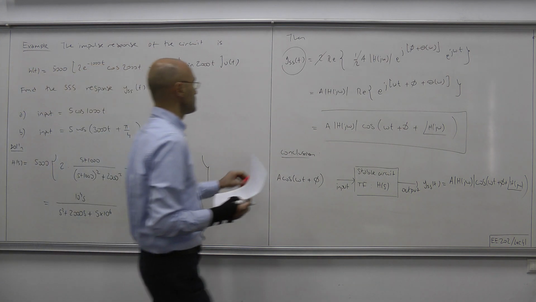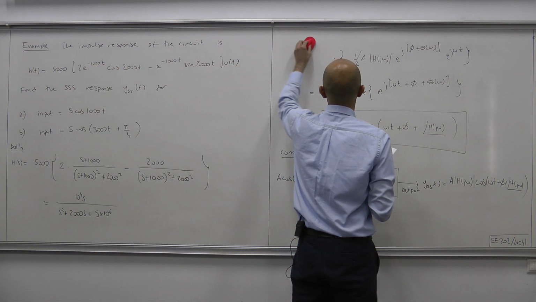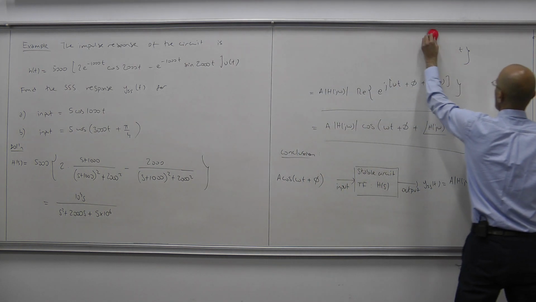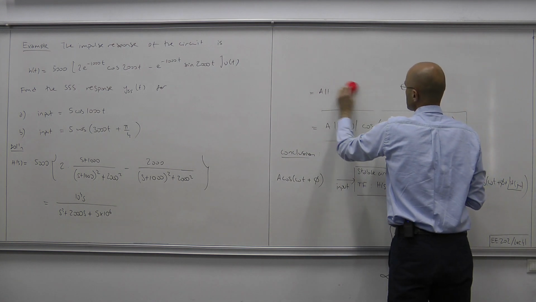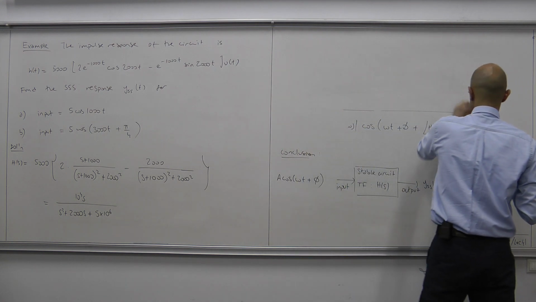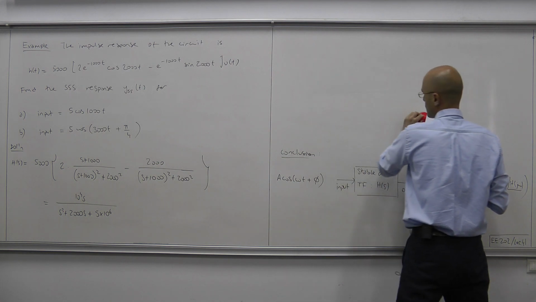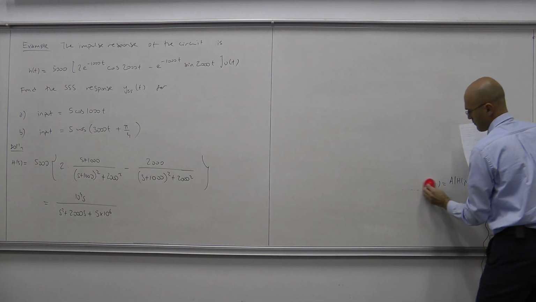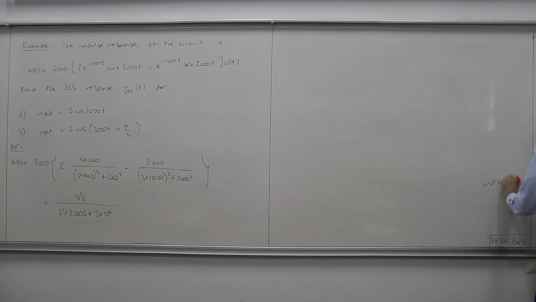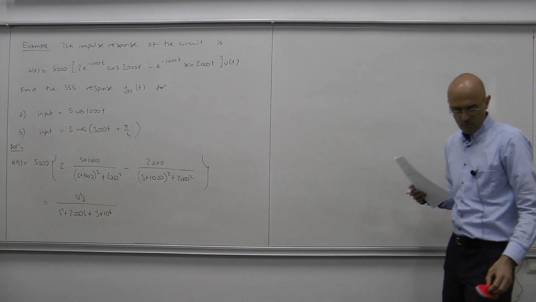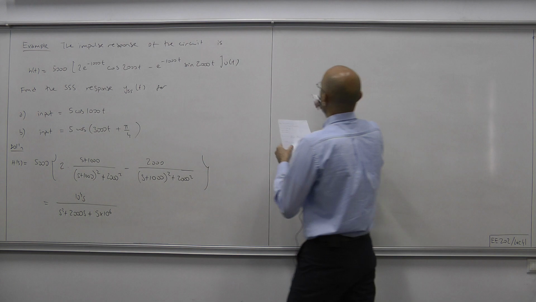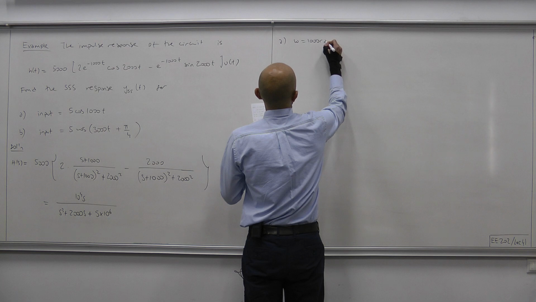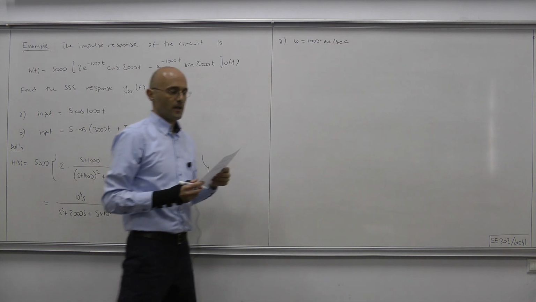So let's compute H(jω) at ω equals 1000 and also ω equals 3000. Okay, ω equals 1000 radians per second.